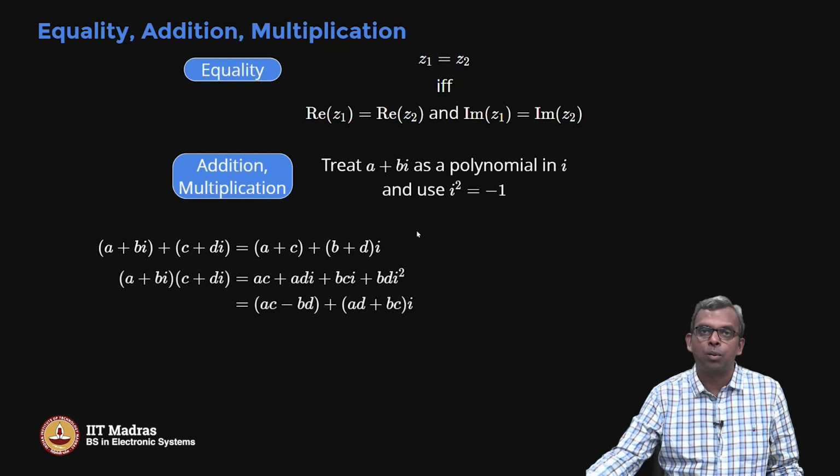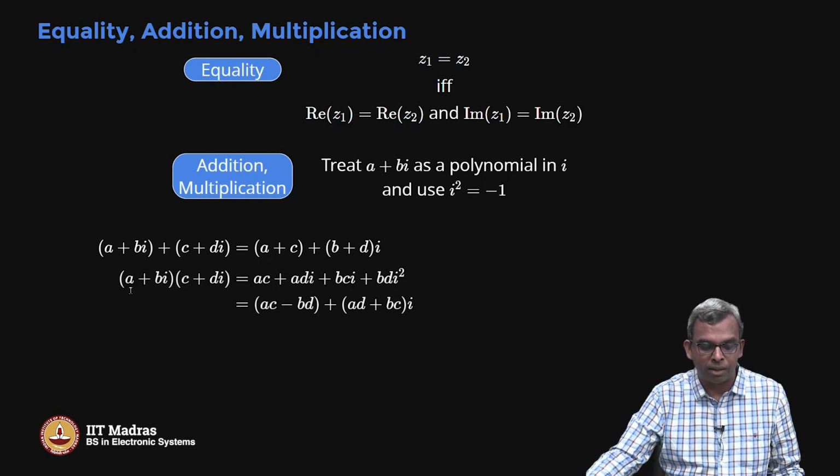And then multiplication, once you remember the polynomial rule, it's very, very easy. a plus bi times c plus di. How do you multiply polynomials? You multiply a with c, a with di, bi with c, and then bi with di, which is bd i squared. Okay, so this is what you get. Now you notice that this i squared is actually minus 1, so this part actually becomes real.